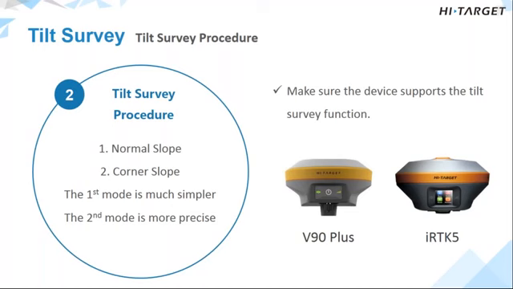The normal mode is much simpler, but the corner slope is more precise, and the corner slope mode is more stable too. Before you do the tilt survey, please make sure that the device supports the tilt survey function, like the V90 Plus or RTK 5. So the hardware is important too.